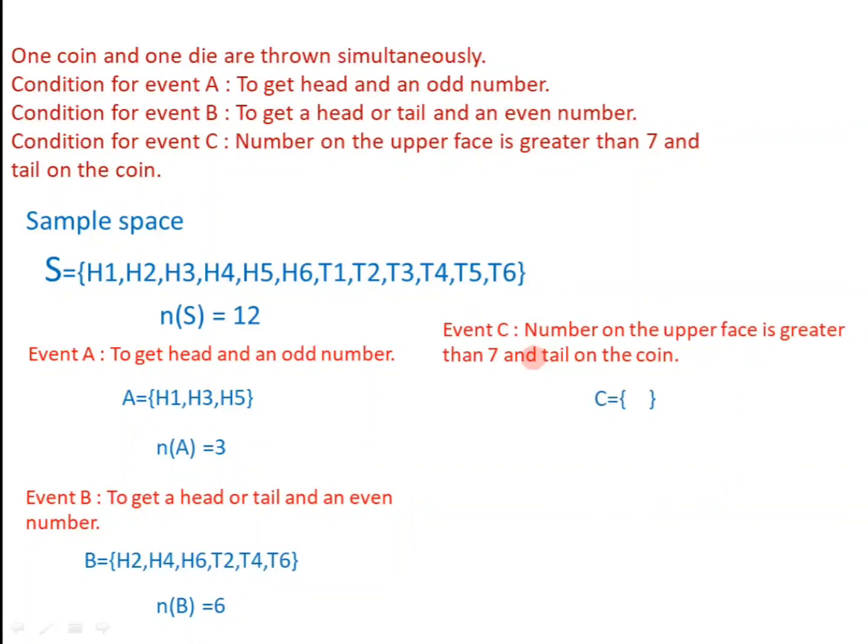That's why this set C does not have any element, as a die can have only 6 faces. That's why we can have only 6 numbers on the upper face. That's why set C would be an empty set. Therefore, n of C is equal to 0. So there are no such elements which satisfy the given condition. That's why n of C is equal to 0. That is, set C is an empty set.